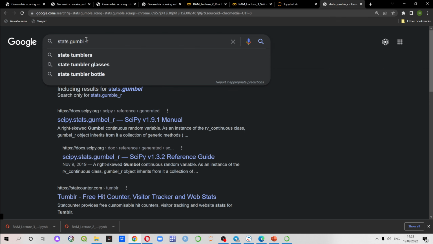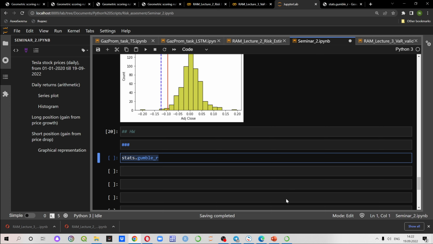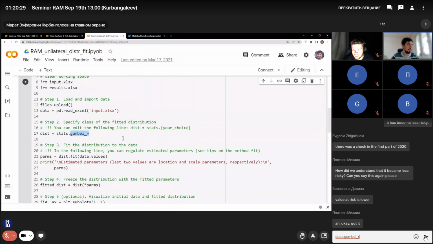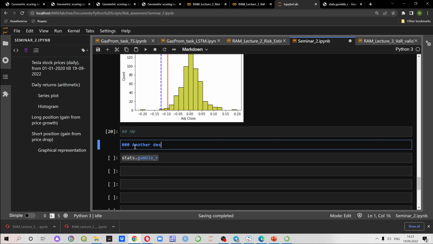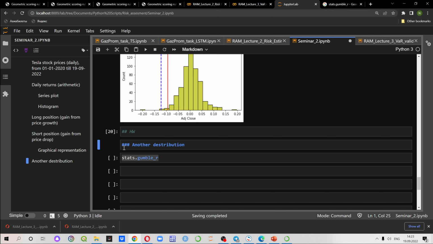Again, show the function name, please. Here's Gumbel R, gumbel underscore r, right-skewed Gumbel continuous distribution. Let me share a reference with you so you can find it in the chat right now.